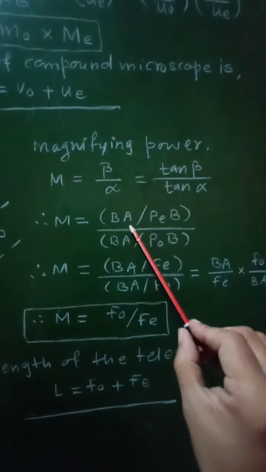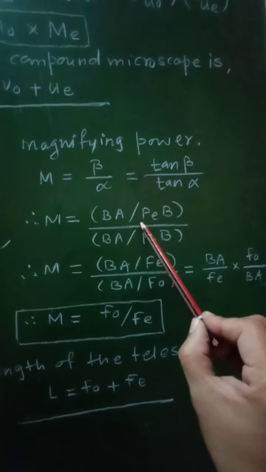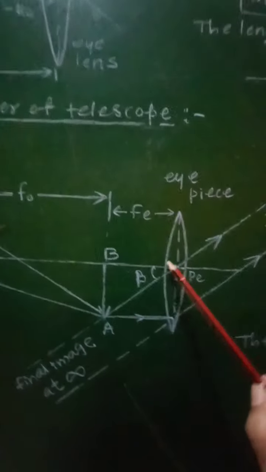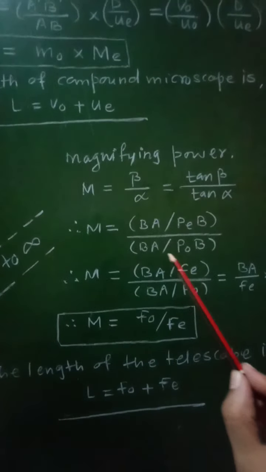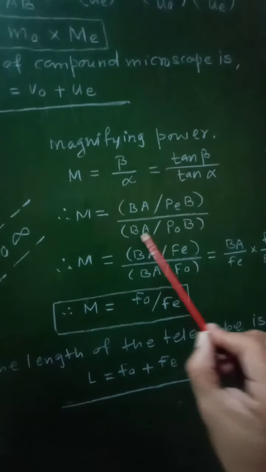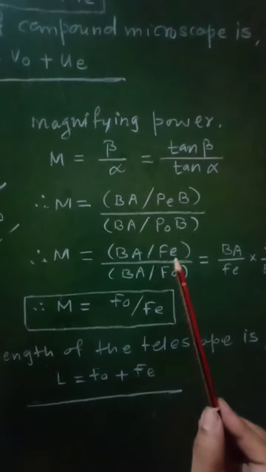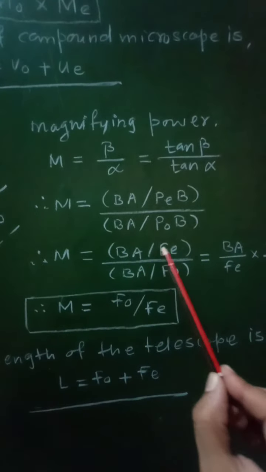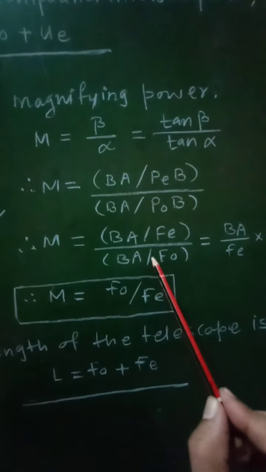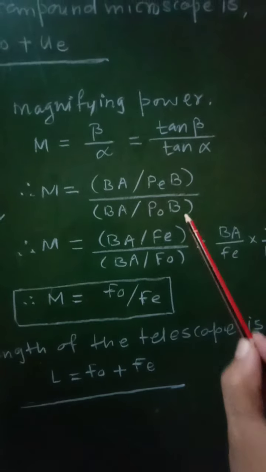Therefore m will be equal to tan beta, which is BA upon PEB, where PE is the pole of the eyepiece, divided by tan alpha, which is BA upon POB, where PO is the pole of the objective. Therefore we can write m equal to BA upon FE, because PEB is FE, divided by BA upon FO, because POB is FO.